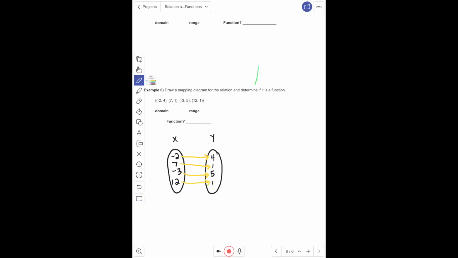So this particular problem is a function. And it is a function because I don't have any repeating x values. So if I'm talking about my domain, remember my domain are my x values. So we're going to put them in my sets from least to greatest. So we're going to do -3, -2, 7, and 12. And then for my range, from least to greatest, I'm going to do 1. I'm going to repeat that twice, 4, and 5.